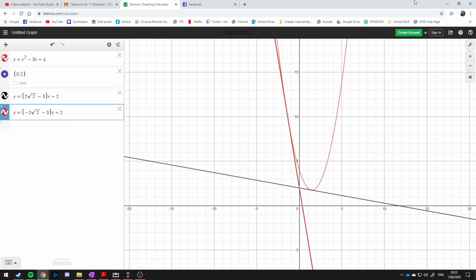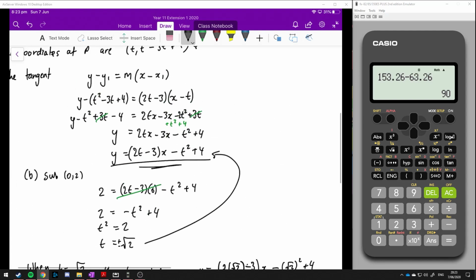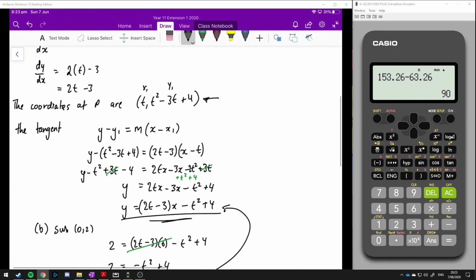If we wanted to find where that point is, we just substitute negative square root of 2 back into here, root 2 and negative root 2, t is equal to and t is equal to, and that gives us our point where our tangent's going to be.